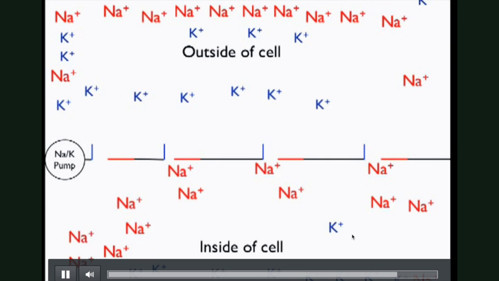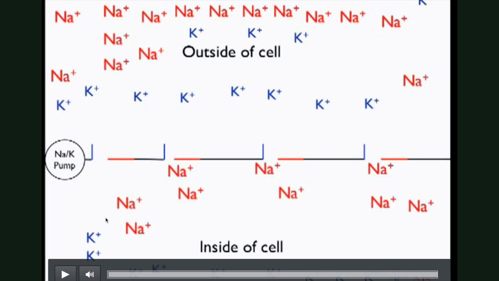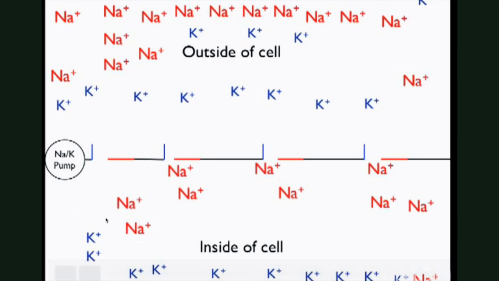We have a potassium channel opening, and we've got the repolarization happening there, and that continues all the way down the neuron, and then the sodium potassium pump works to pump sodium out and potassium back into the cell to get the concentration back to the resting potential.